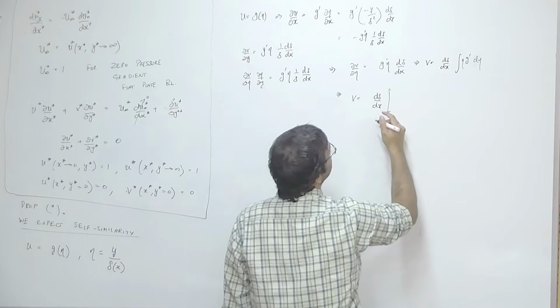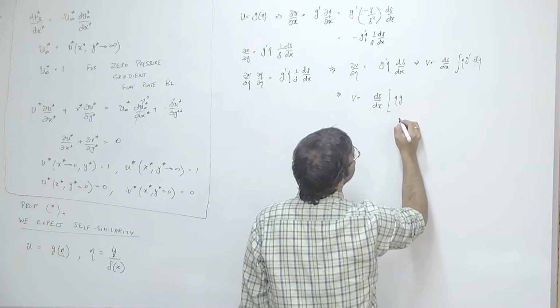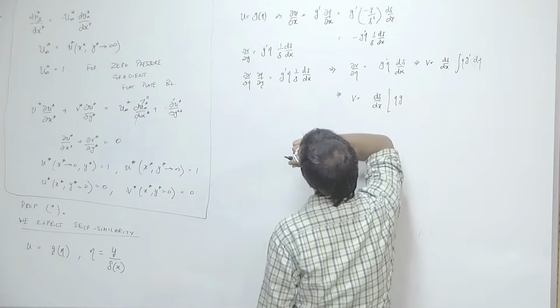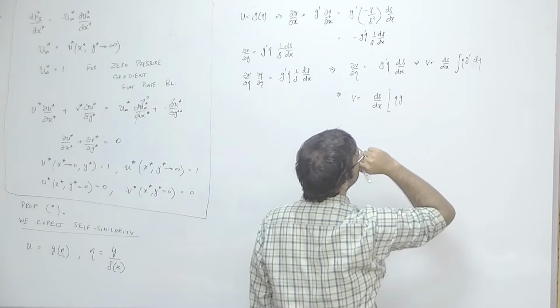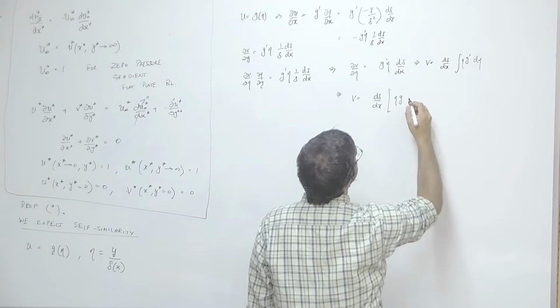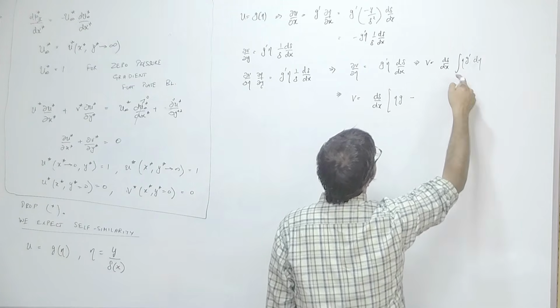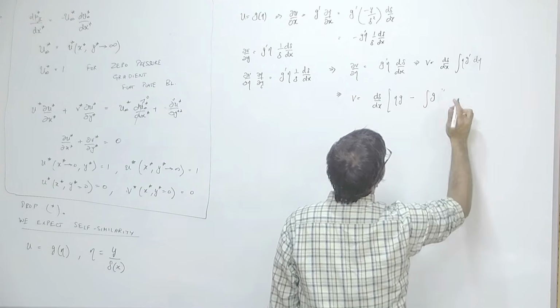Applying by parts, we get eta times g, and then a minus of the integral of g d eta.